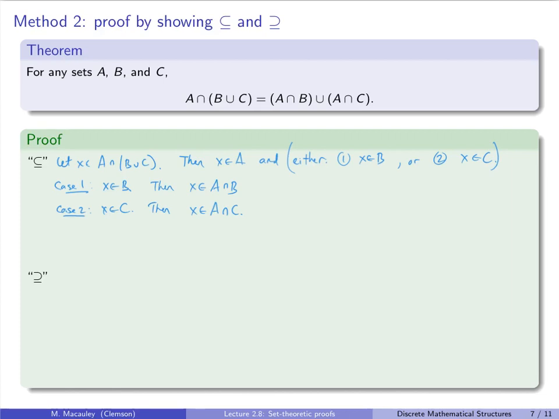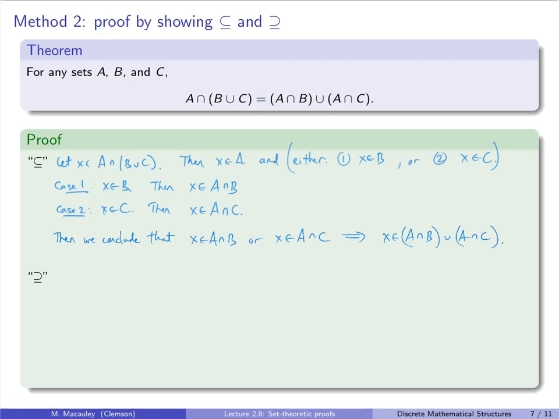So let's write that out. Then we conclude that X is in A intersect B, or X is in A intersect C, and that implies, and is also equivalent to, X being in the union of these two sets, (A intersect B) union (A intersect C).